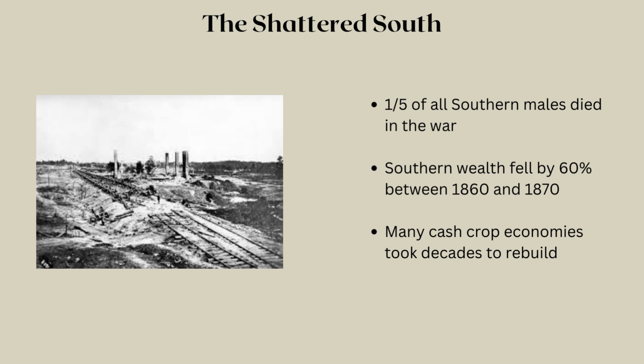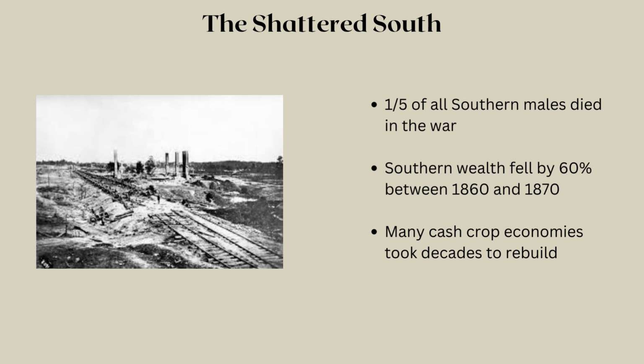As a result of all of this, there's an enormous amount of resentment in the South towards the North and towards Union soldiers who, as we'll see, will be stationed in the South to try to enforce some of these political objectives of the era of Reconstruction.